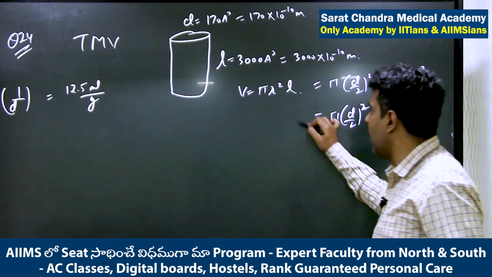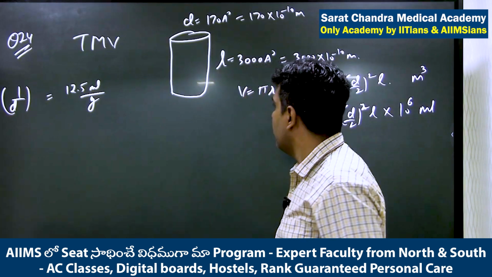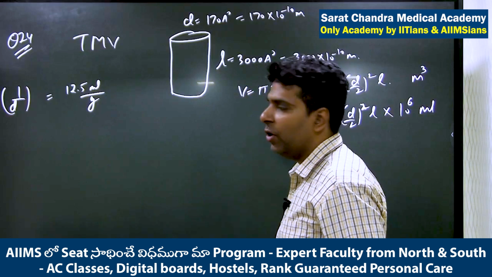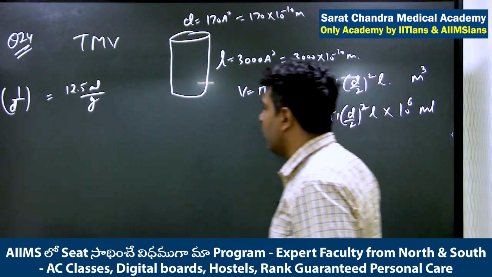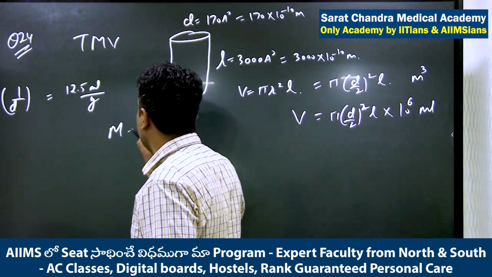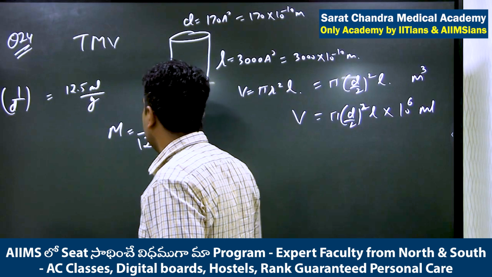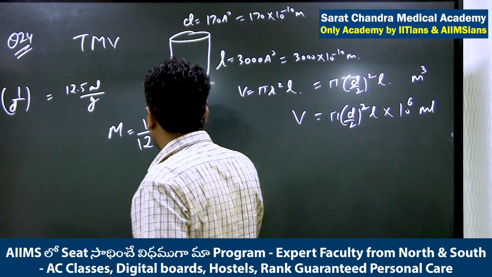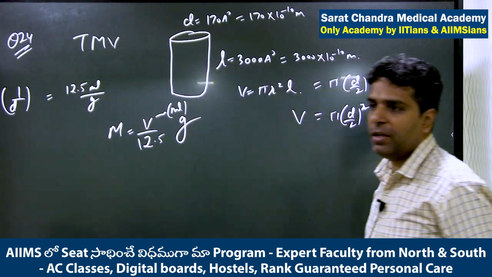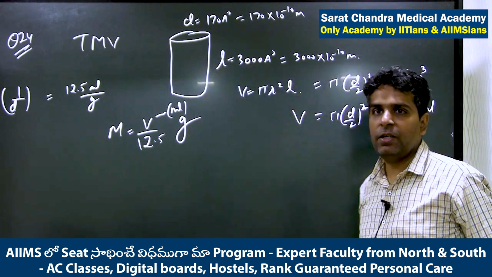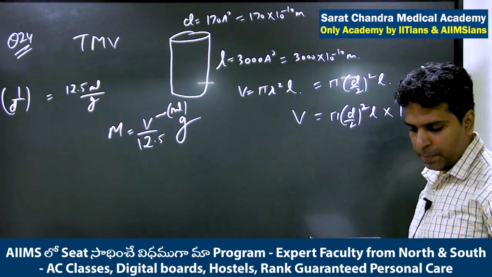Now from volume in ml, you will find out the mass of one virus. So specific volume is given, that is 1 upon density is given. So from here you will find out the mass of one virus. So mass of one virus will be volume divided by specific volume. So volume in ml divided by specific volume will give me the mass of one virus in grams, right?